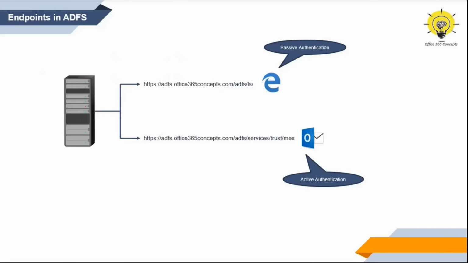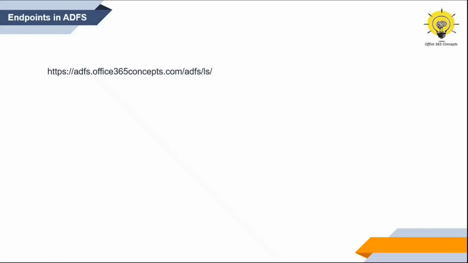And this type of authentication request is processed by the trust/mex endpoint. If you check these endpoints in your ADFS server, you can see that these endpoints are secured with HTTPS. That means any communication that is happening on this endpoint is secured. And these endpoints are secured with the service communication certificate of your ADFS server.